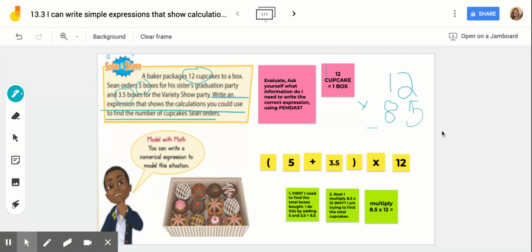When you multiply by a decimal, you remove the decimal first, one place value. So I have 12 times 85. 5 times 2 is 10.